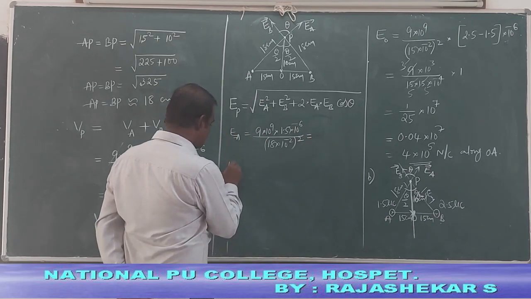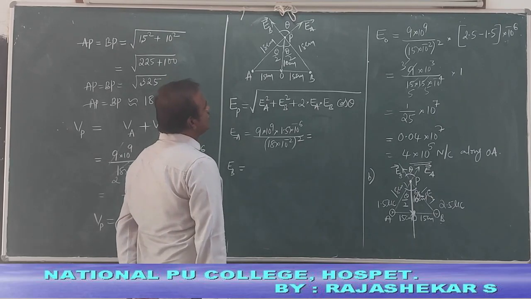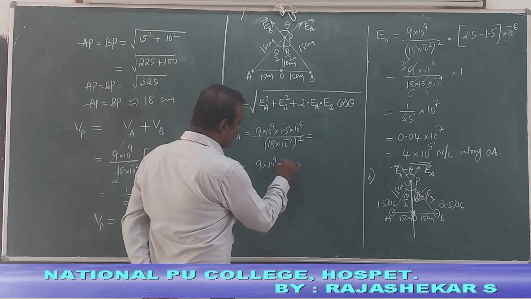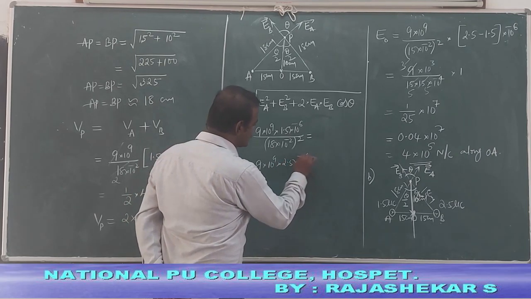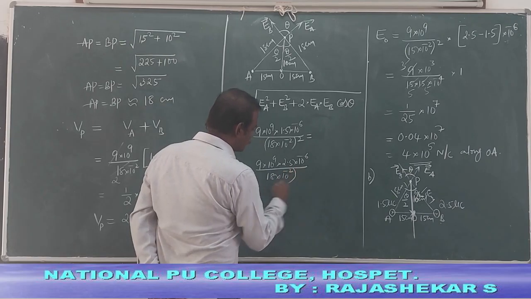Similarly, what is the magnitude of field due to charge at B? This is also 9 into 10 to the power 9 into 2.5 into 10 to the power minus 6 divided by 18 into 10 to the power minus 2 whole square.